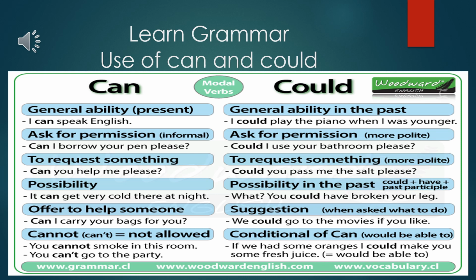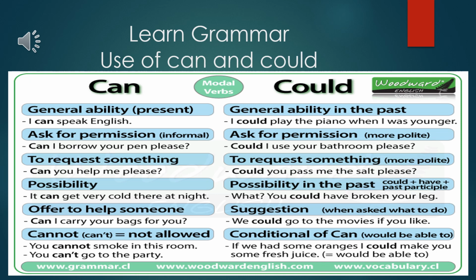When we talk about the possibility, then we say it can get very cold there at night, right? And when we talk about the possibility in the past, then we use could and we use have, and then we use the past participle as well. You don't need to go into the detail of this one, but we'll just go through with this, that how did they write this.